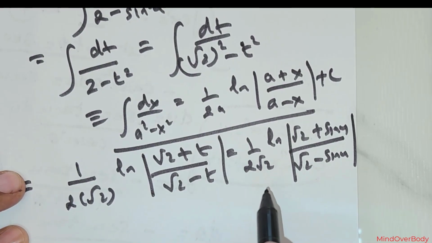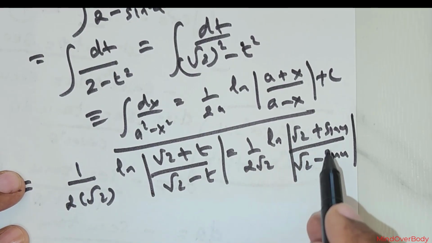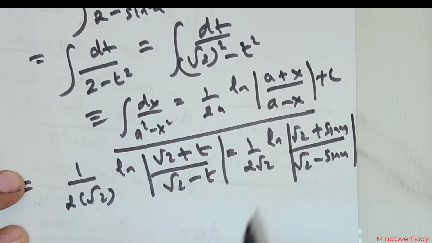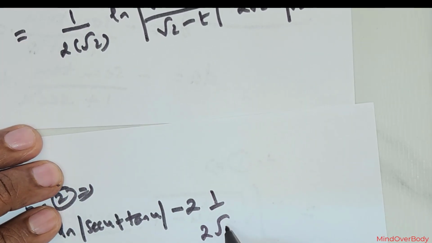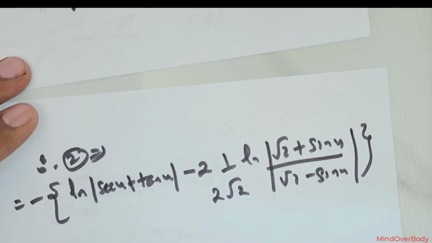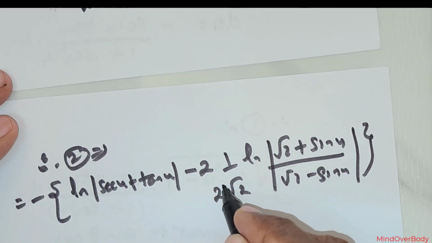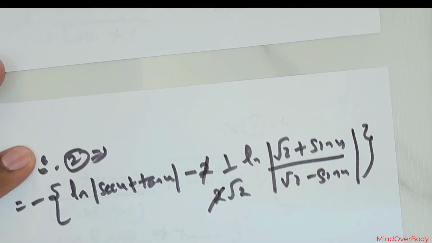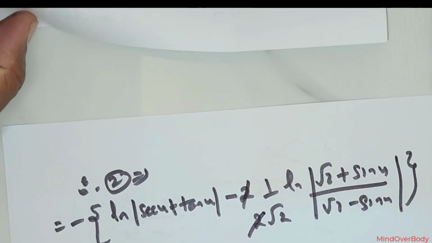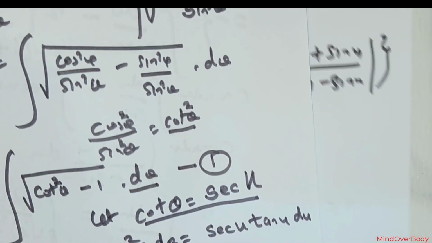Now we have got this quantity, so I am going to place it. It's going to be 1 over 2 root 2 ln|(root 2 + sin u)/(root 2 - sin u)|. Okay, we have got that out. So 2 and 2 can be cancelled. Fair enough. Now we have to go and check the substitution.